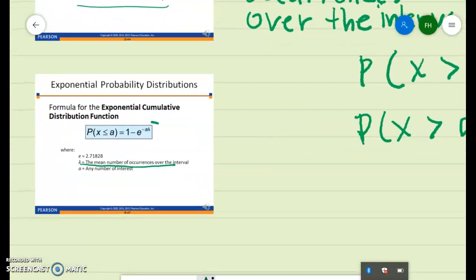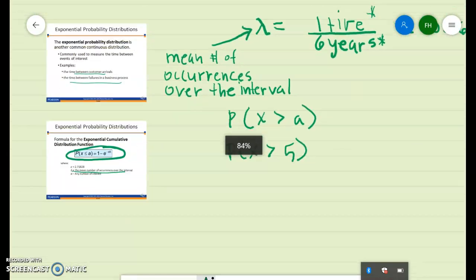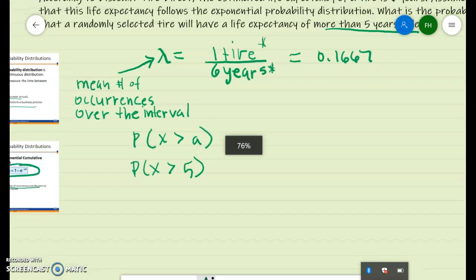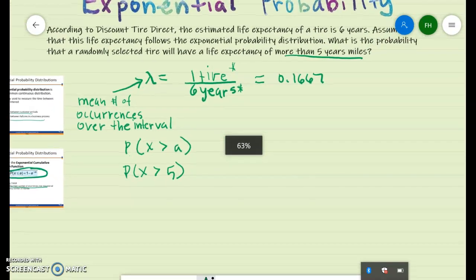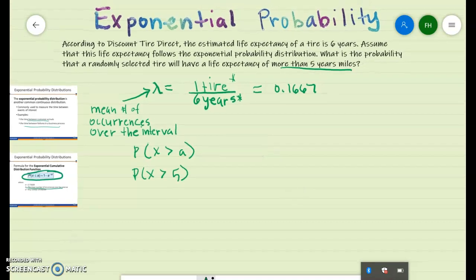If we were looking at less than or equal to, we would say 1 minus E. But since we're doing greater than, we don't have to subtract from 1. So this is a little bit different, because usually when we're doing greater than with normal probability, we say 1 minus what we get in the table.